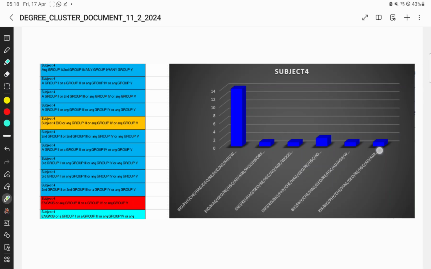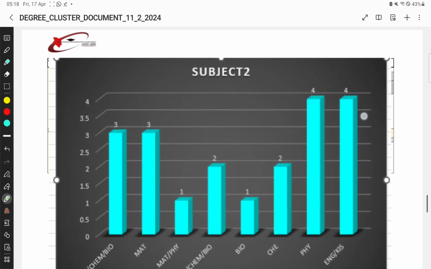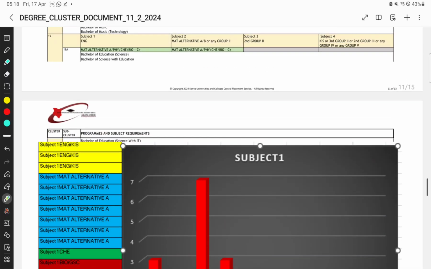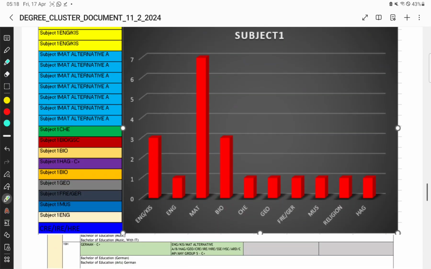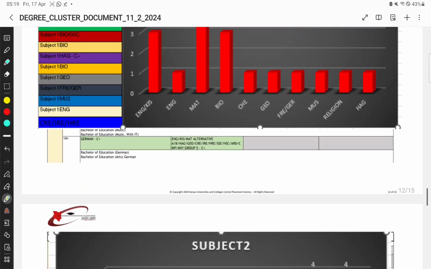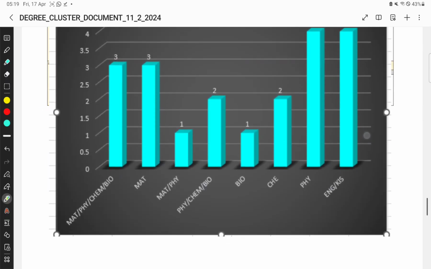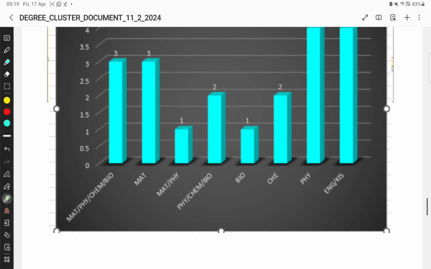So when you look at these subject clusters and combinations, the first one having math being mentioned alone, then we have a situation in subject cluster 2 where math is mentioned with physics, math alone, and then math is mentioned with other groups. For example, this group 2.